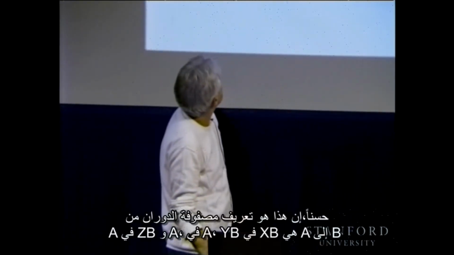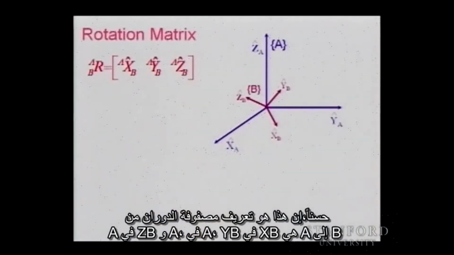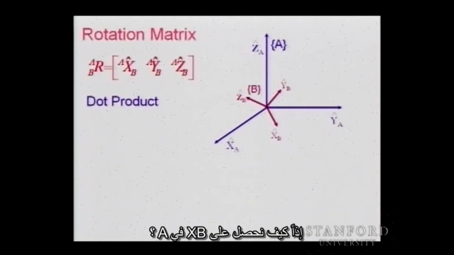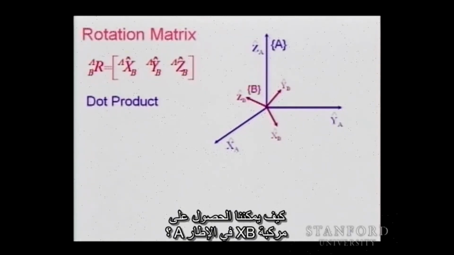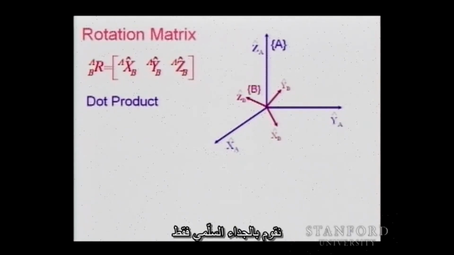All right. So this is the definition of the rotation matrix from B to A. It is xb in A, yb in A, and zb in A. So how do you obtain the component of xb in frame A? You just do the dot product.